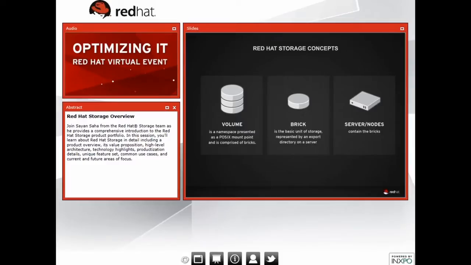And then servers are nodes which actually contain all these bricks. So these are the three key concepts, and once you familiarize yourselves with these three, it's a very easy technology to understand, and you'll see this in our documentation and guides where we talk about this extensively.